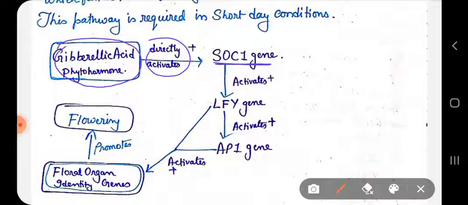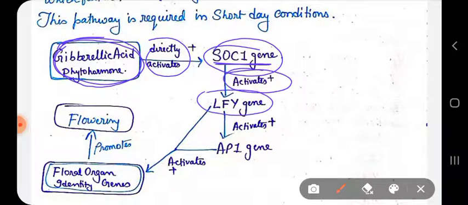Here, gibberellic acid directly activates the SOC1 gene, which finally activates the leafy genes, and leafy genes activate the AP1 genes. Together, leafy genes and AP1 genes, the Apetala 1 genes, are called what? The initial class 1 floral meristem identity genes.